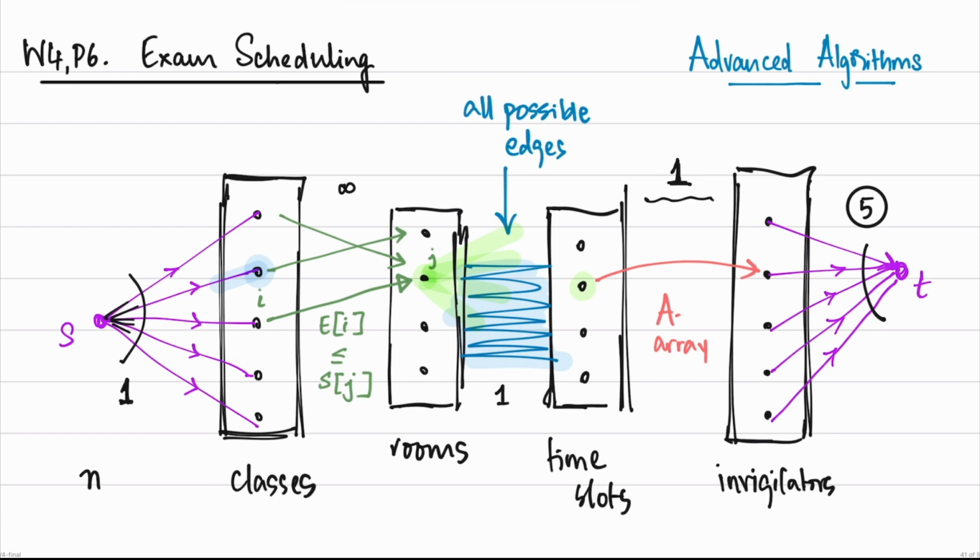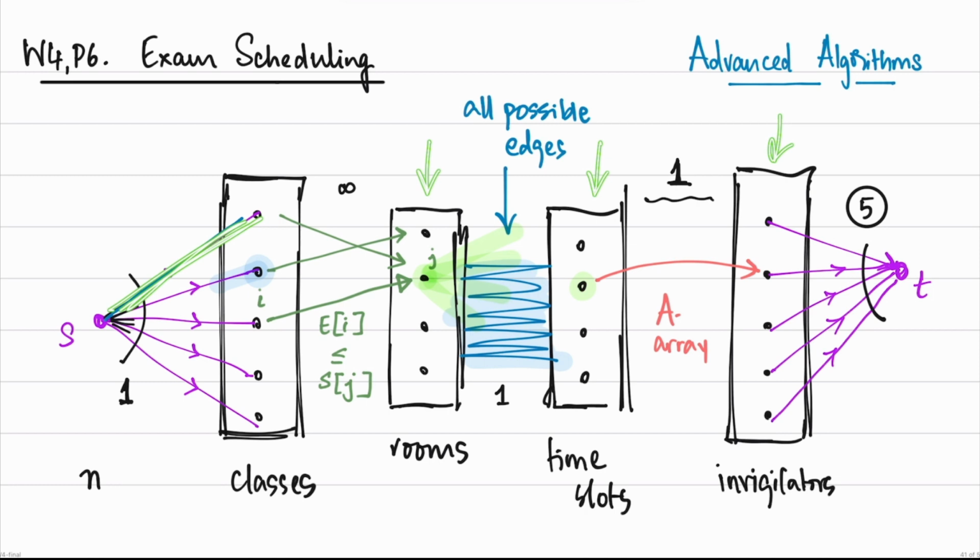So you can try to follow the flow, so to speak, getting out of S and then pursuing the path flow corresponding to it. So that's going to hit a room, it's going to hit a time slot, it's going to hit an invigilator before reaching T, and all of those will basically give you a schedule for that particular class. And you can repeat this for each class to recover a schedule.